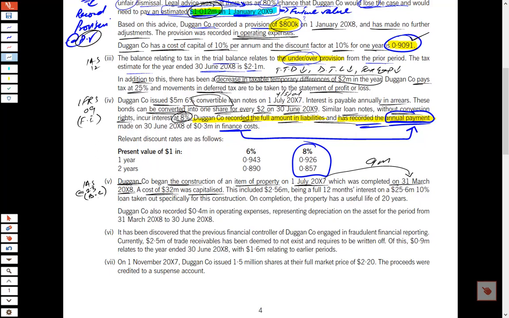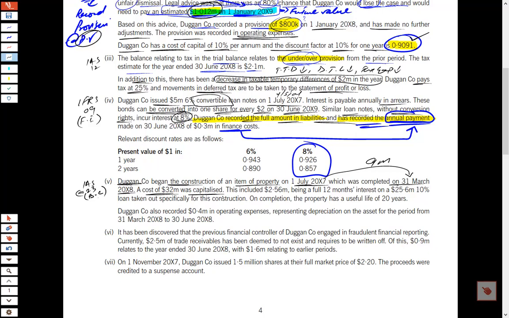Commencement of capitalization of borrowing cost, number 1. Number 2, suspension of the capitalization of borrowing cost. And number 3, cessation of the capitalization of borrowing cost. IAS 23 has guided us, and I would be recalling the concept while adjusting this.